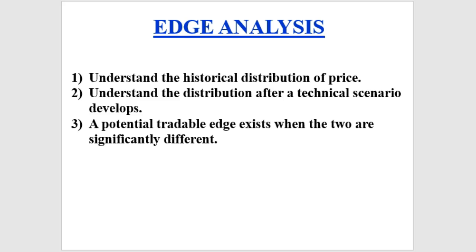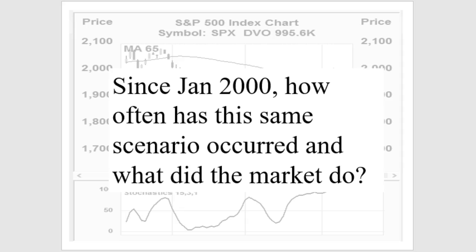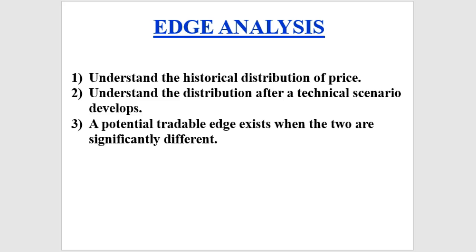It's called edge analysis. What we're trying to do is ascertain, back in time, what did the market do when we had this same setup? Did it go up typically? Did it go down typically? Or did it wobble in the middle? To determine that, we look at the historical distribution of price, just from a random perspective, going back to January of 2000.